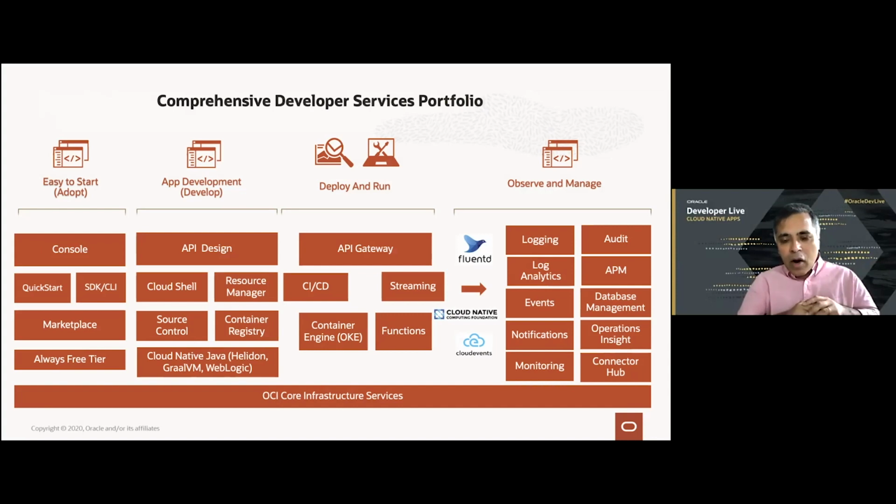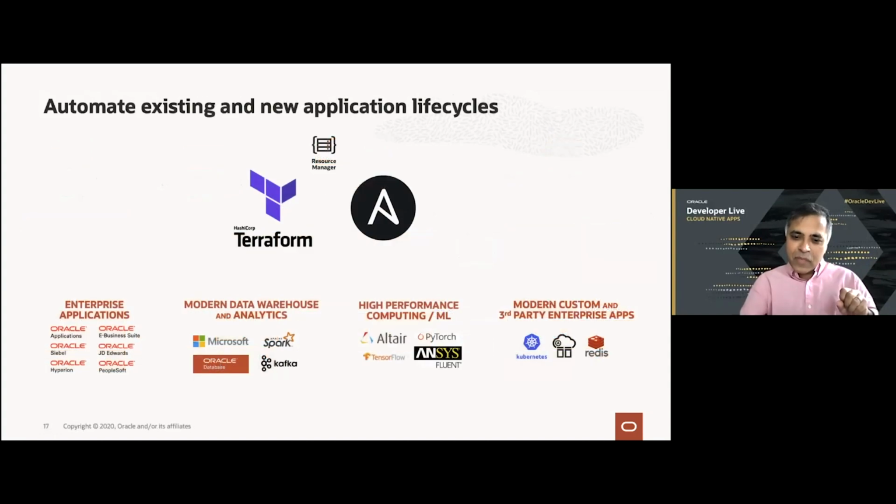And finally, you want to make sure that you have the ability to observe and manage. And we have a very extensive portfolio as part of our observability offerings that provides you all of those capabilities. Throughout the rest of the day today, you're going to be hearing a lot more detail about each of these services. So I'm looking forward to each of those sessions myself.